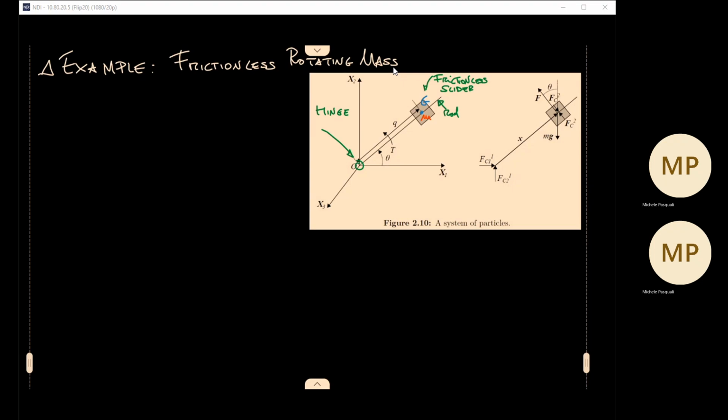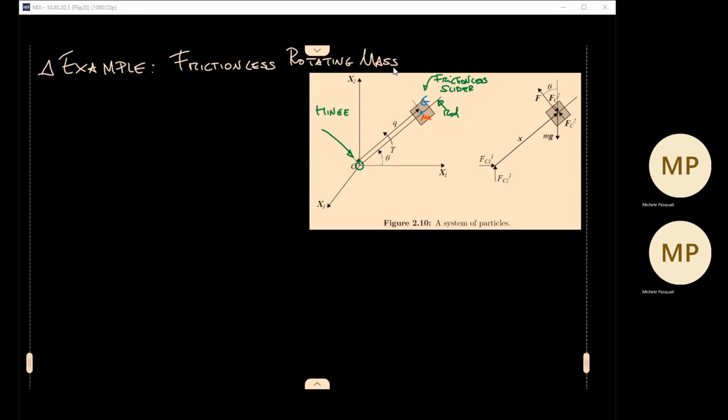But if we were to choose as coordinates to describe the motion of the system the Cartesian coordinates, x1 and x2 and x3, we should have connected this set of three coordinates through the implementation of the constraint equations of the hinge and of the tray. Okay, as we have seen.